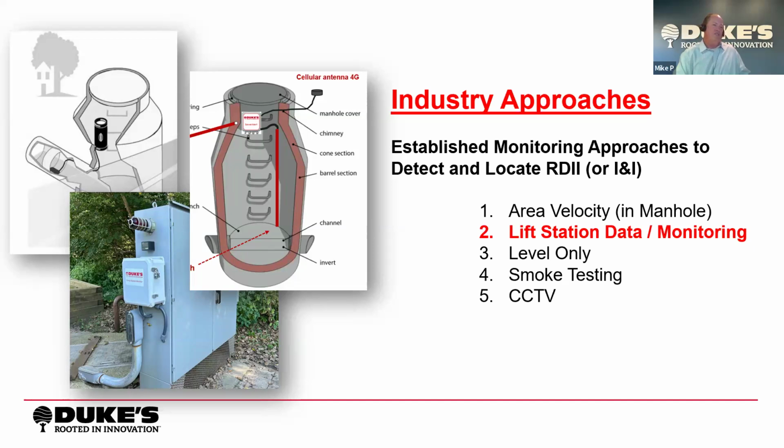Their system is built where the wastewater treatment is at the lowest elevation, and every single pipe can get there without a pump. But that's very unusual. So, lift stations are a great way to segment out a collection system and gather data. So we'll talk about that here for a minute.